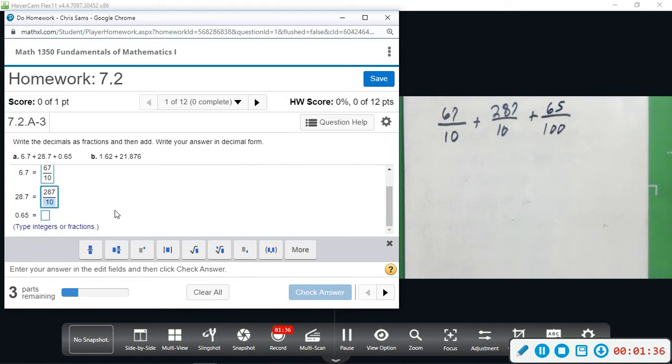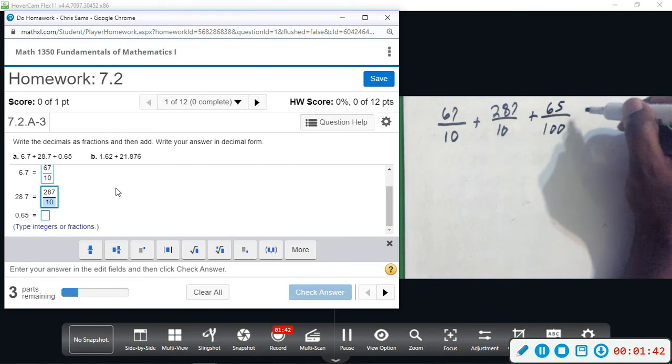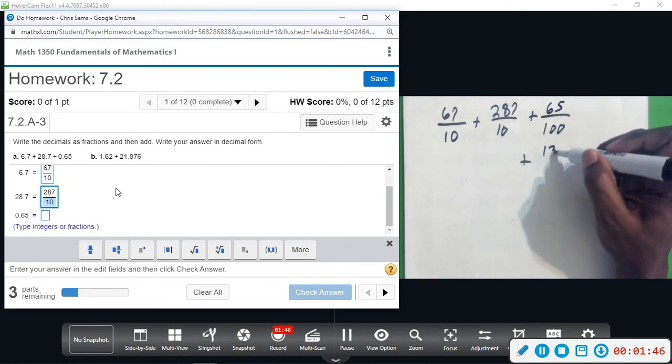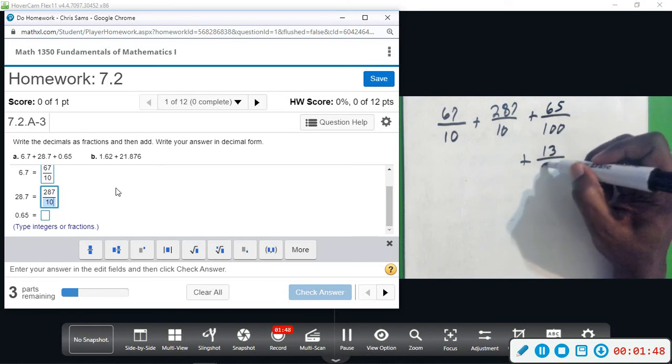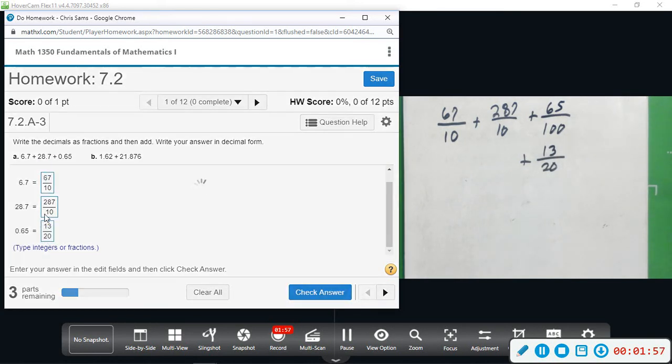It doesn't say, it says type integer fraction. Normally they want lowest terms. I'll convert this back, but I'll divide by 5, and we'll make this one 13 over 20. Usually math always wants things in lowest terms, simplified as much as possible.